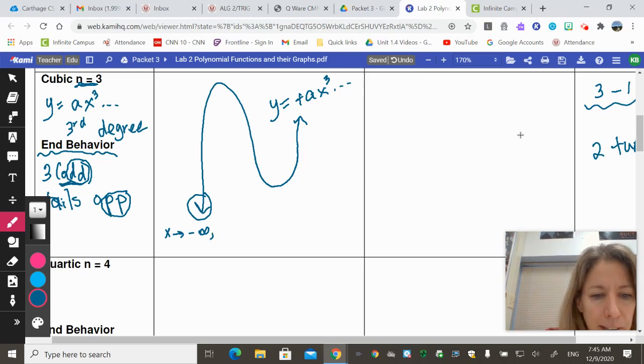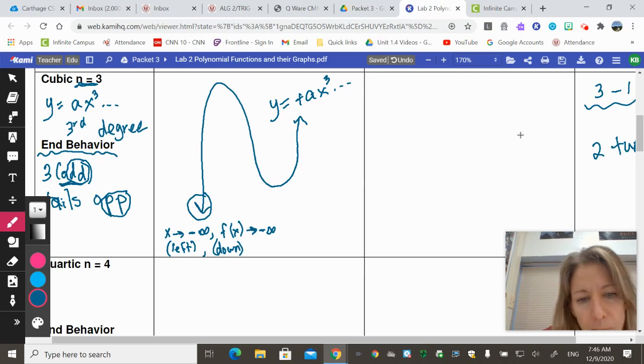So this is saying the left side, the tail, or the y values, or sometimes they say f of x for the outputs, because f of x and y are interchangeable with function notation. So on the left side, the tail is going down. The left is negative infinity for the x, and the y for negative infinity would be going down.